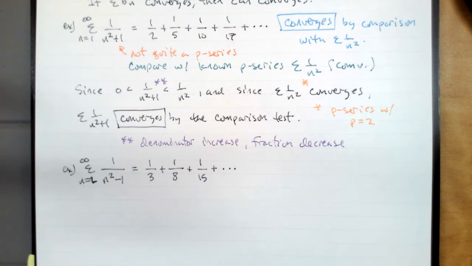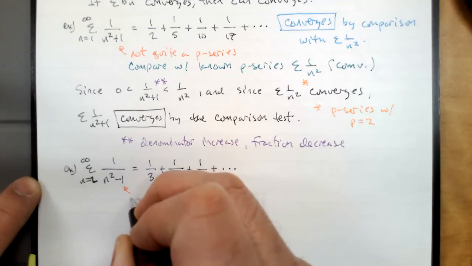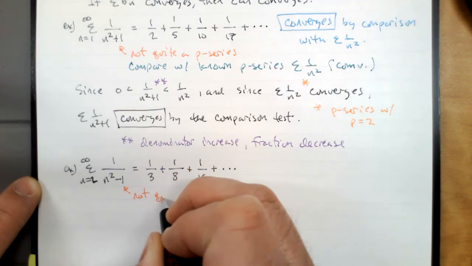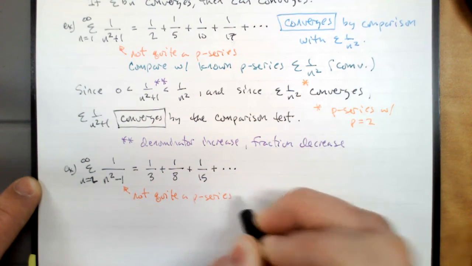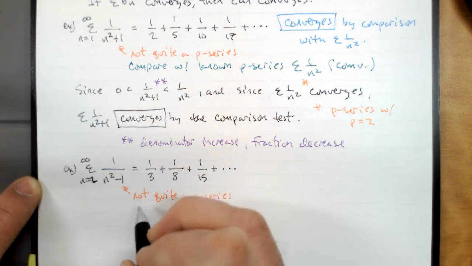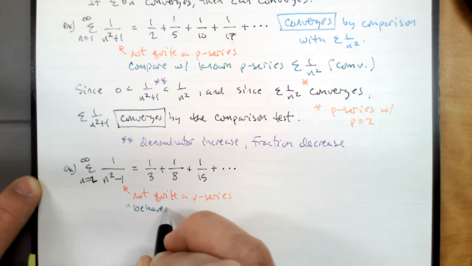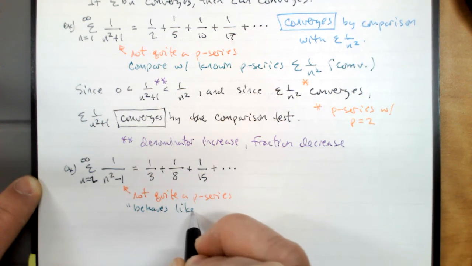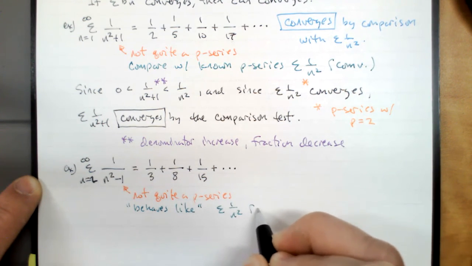So we should look at this, see the important bits, 1 over n squared, and say this converges because it's a 1 over n squared, even though it's not a p series. Once again, it's not quite a p series, but it behaves like the series 1 over n squared, which converges.